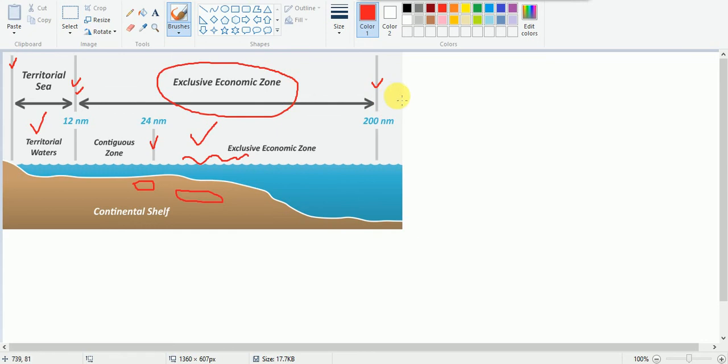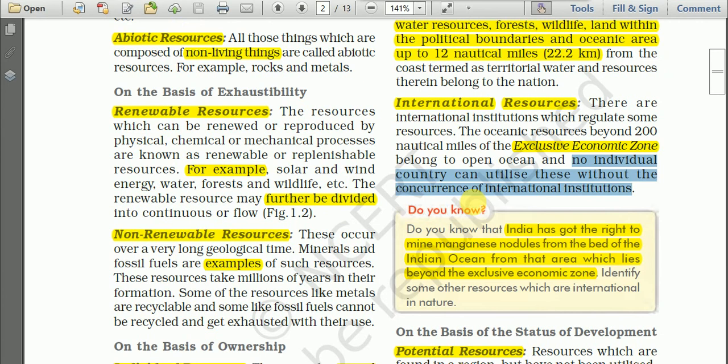But beyond this, no individual country can utilize the resources without prior permission from the United Nations organization. Are you clear about this exclusive economic zone?